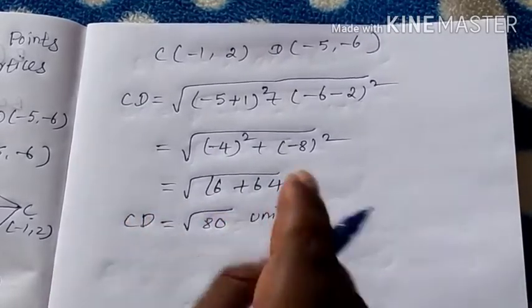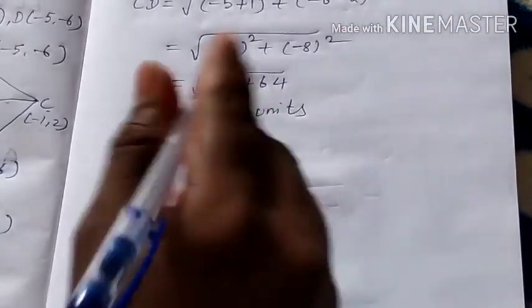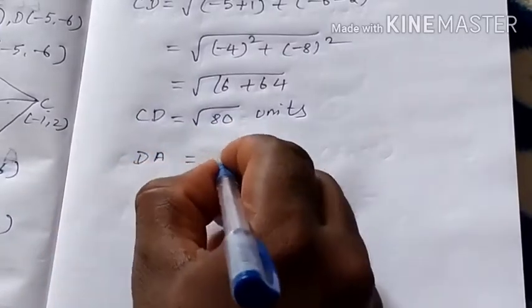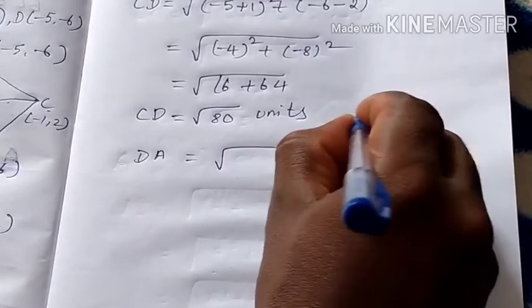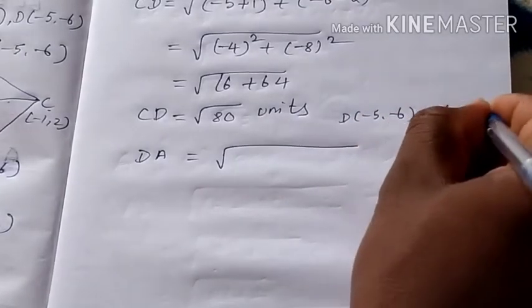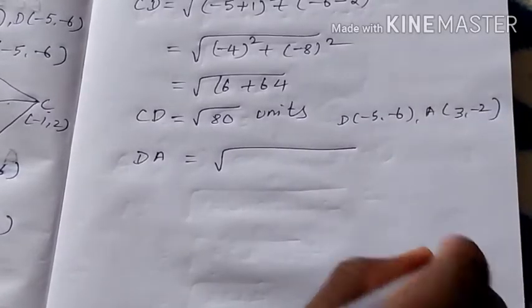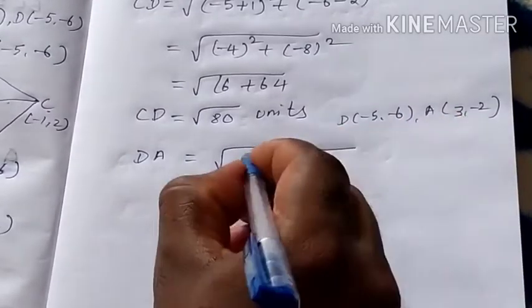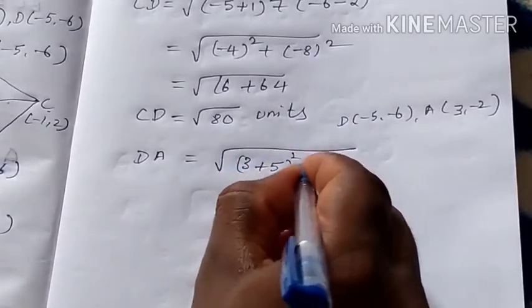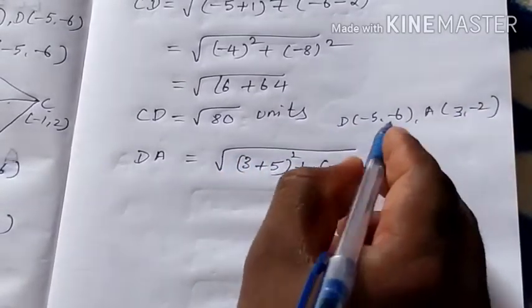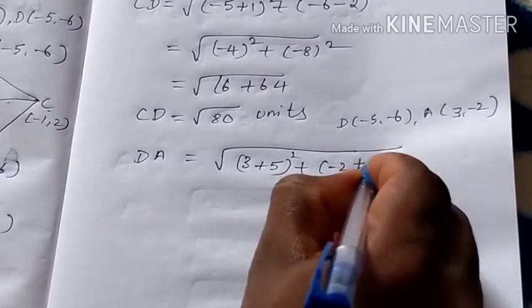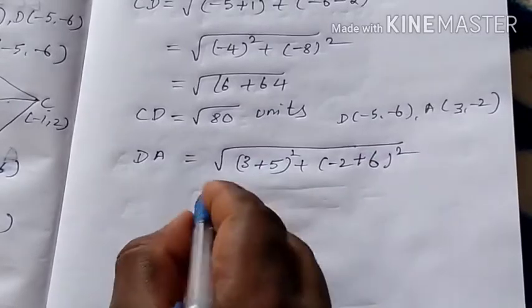This is for CD. Next find the remaining one side, DA. DA is equal to the square root of, the D point is (minus 5, minus 6) and A value is (3, minus 2). So apply here 3 minus x2 minus x1, so minus of minus plus, the whole square, plus y2 value is minus 2, then minus y1 value is minus 6, so minus of minus plus 6, the whole square.